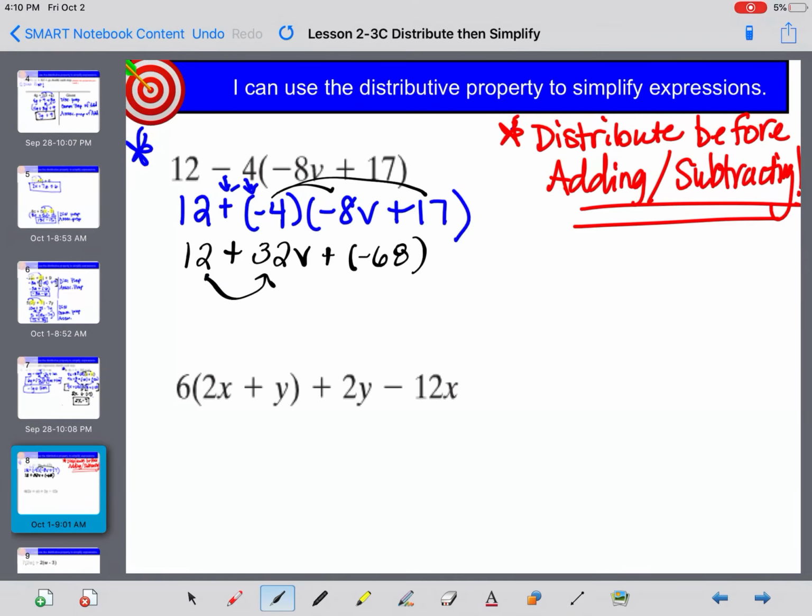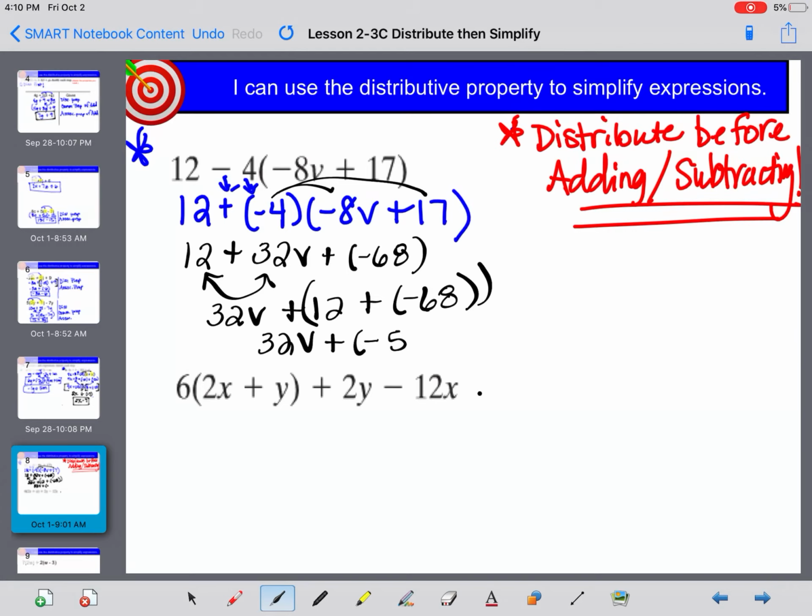So I am going to use the commutative property to switch the order of these. And so I get 32v, and then plus -56. Now, this is the same thing as 32v minus 56. Those two problems mean the same thing.